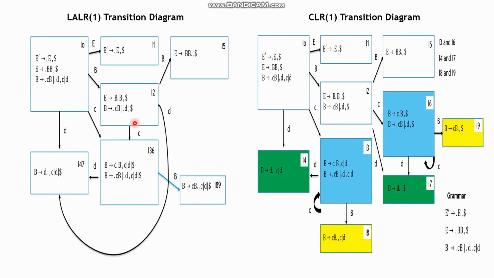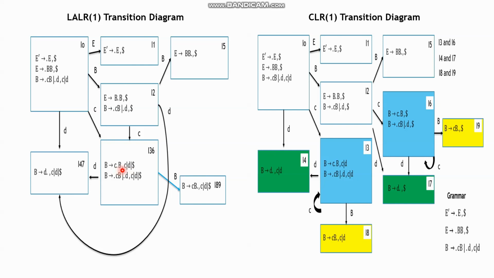Now after making the parse table, the next and final step would be to draw the transition diagram based on the information we gathered in the parse table and the CLR1 transition diagram. As you can note, these states had the same productions. So what we did in this LR1 transition diagram is that we merged those states into a single state and we also merged their lookaheads.